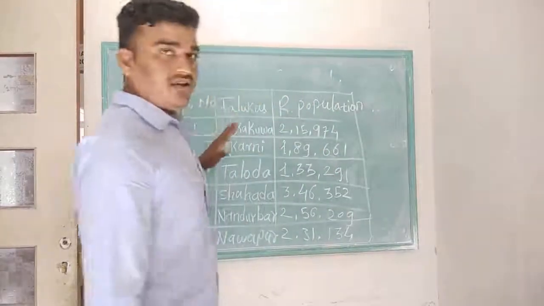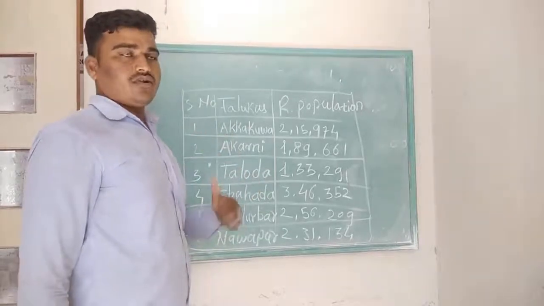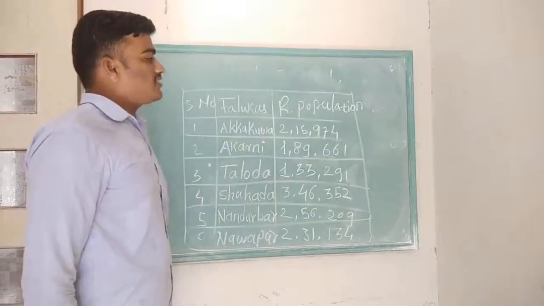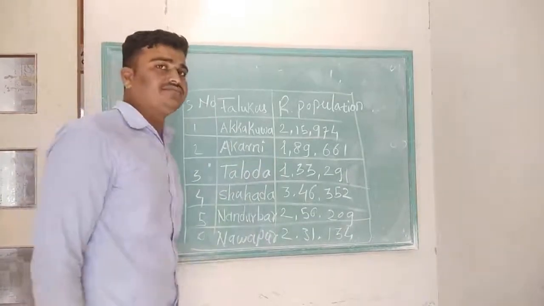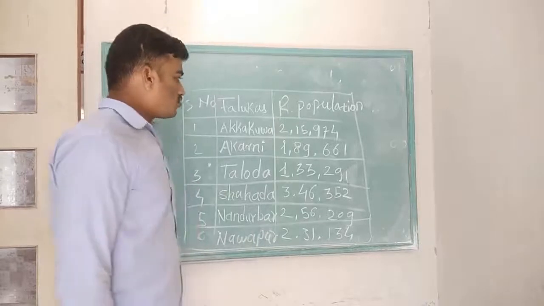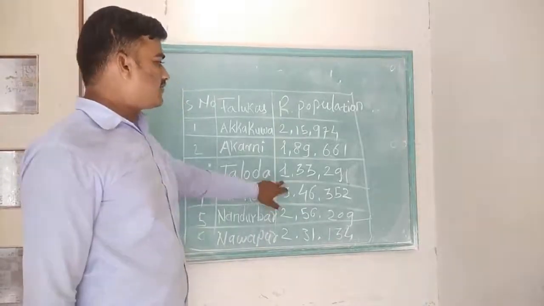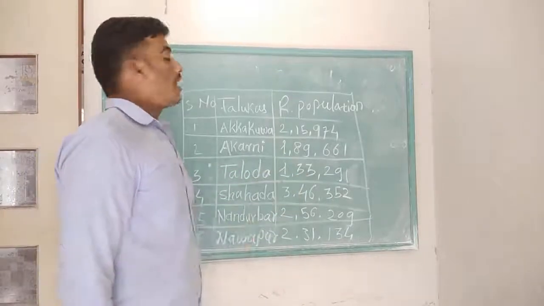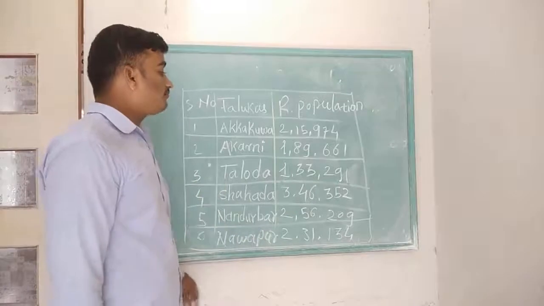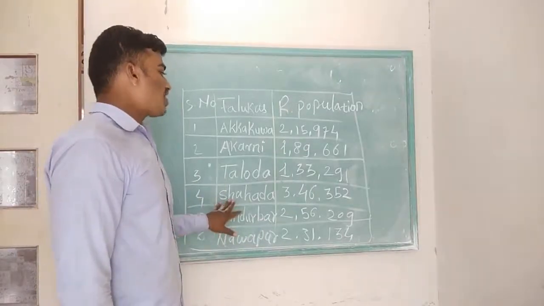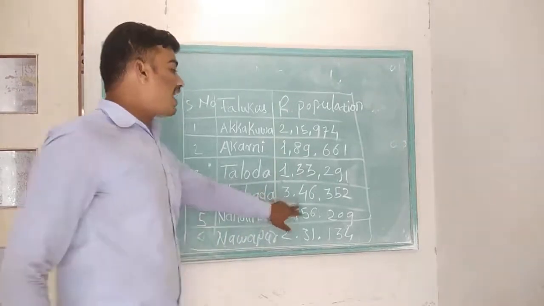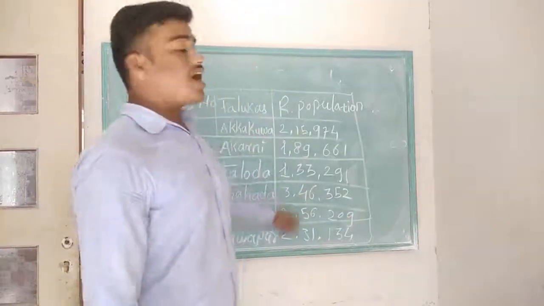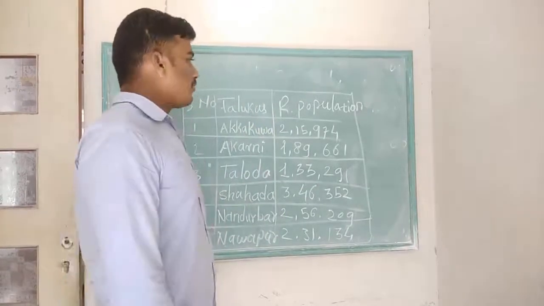First we have determined the values for the dots, 10,000 and 1 lakh, which dot we have to use. From these 6 we will find out which is the lowest populated taluka. Here 1,33,291 is the lowest value. And next, the highest is Shahada with 3,46,352, which is the highest density of population.